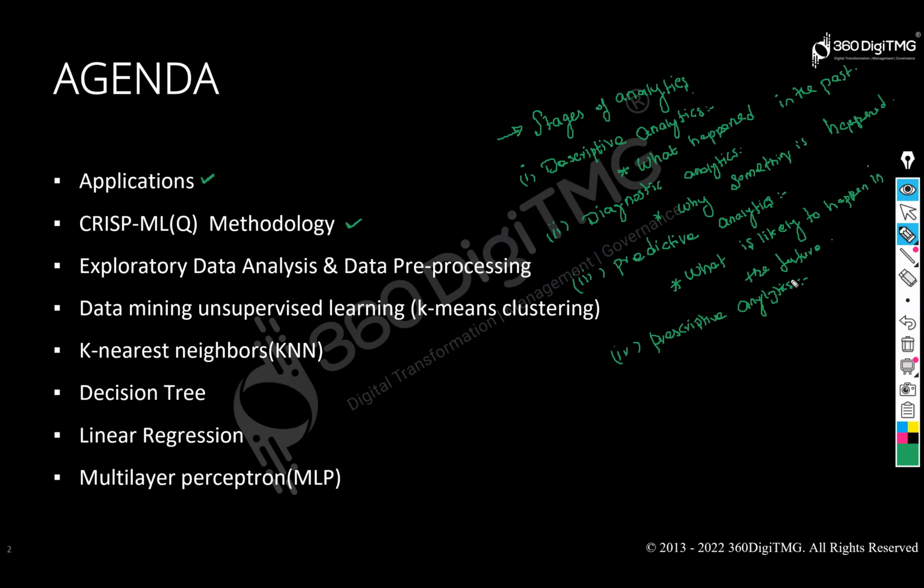So you will predict the future. Now in prescriptive analytics, you will take some measures to make that prediction come true. That means you are predicting that the number of COVID cases will reduce by 10%.